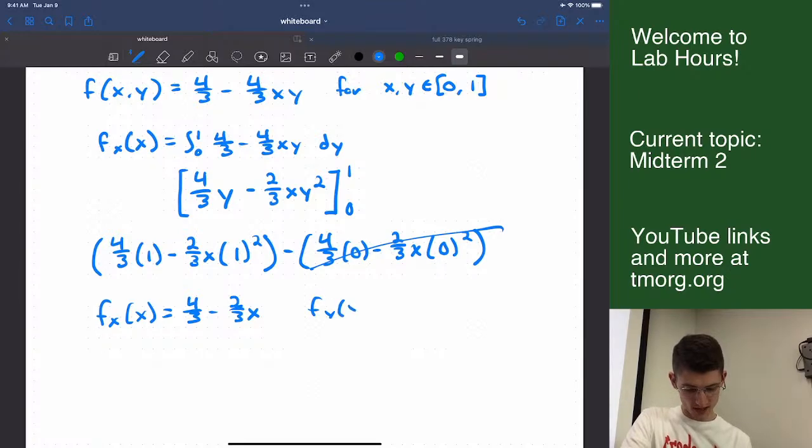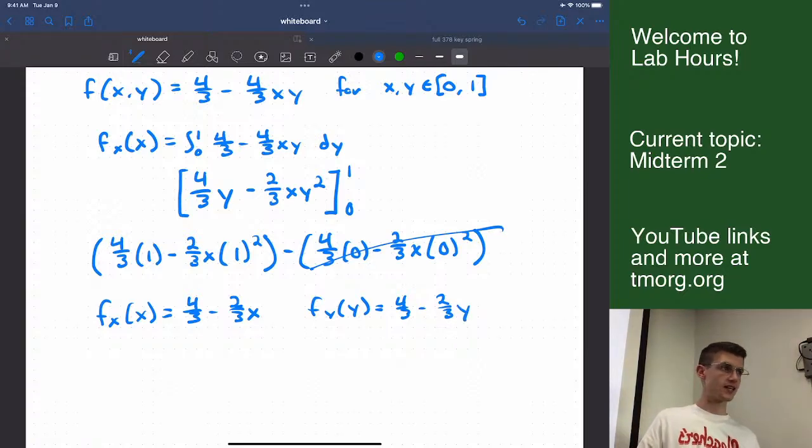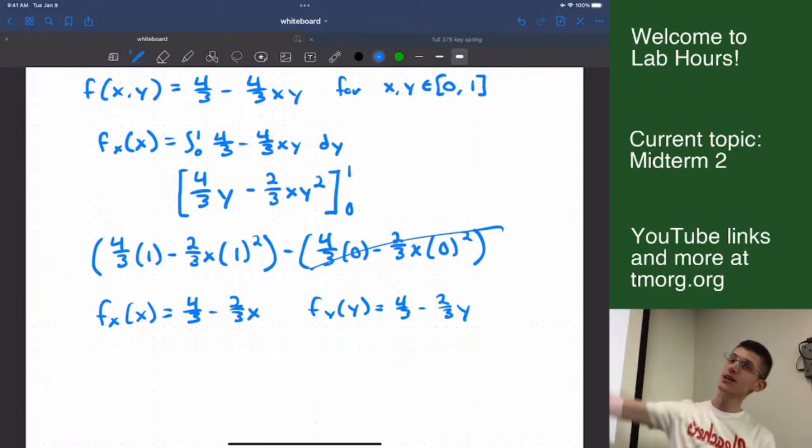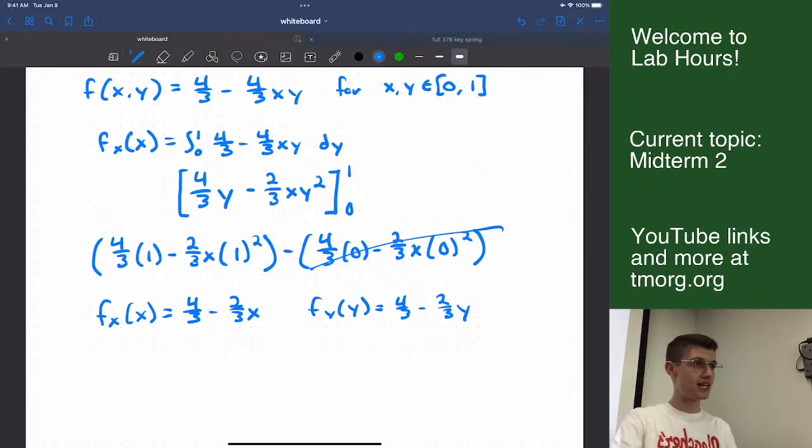Fy of y is equal to 4/3 minus 2/3 y. We can all see why that's the case. Are x and y independent in this distribution? Natalie's saying no. Why not, Natalie? Because you have to multiply them together and it has to equal the joint distribution for them to be independent.